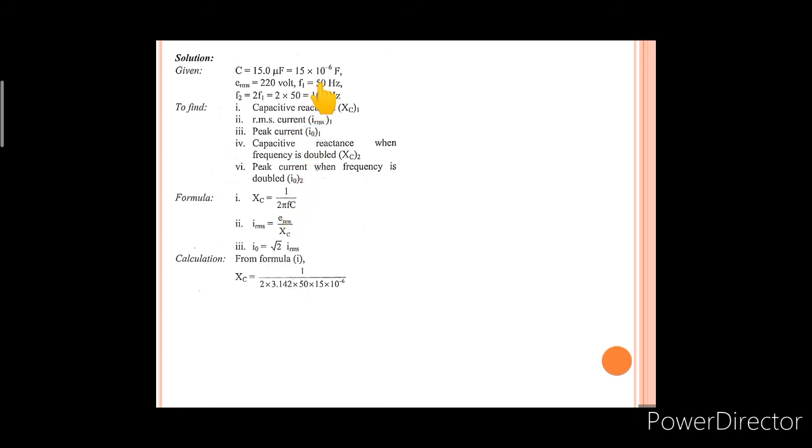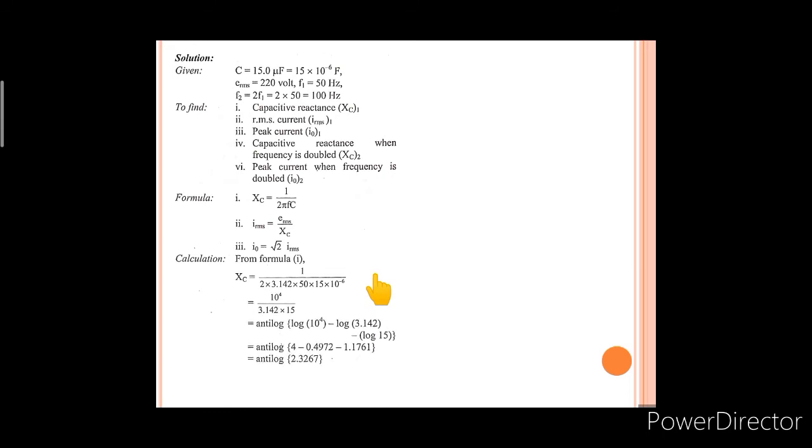We are determining the capacitive reactance for the first frequency, so the frequency is 50 hertz, and the capacitance is given as 15 × 10^-6. So Xc = 1/(2 × 3.142 × 50 × 15 × 10^-6).